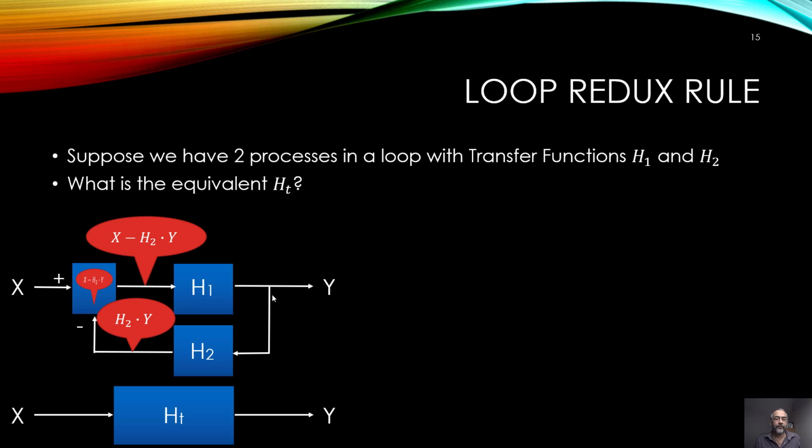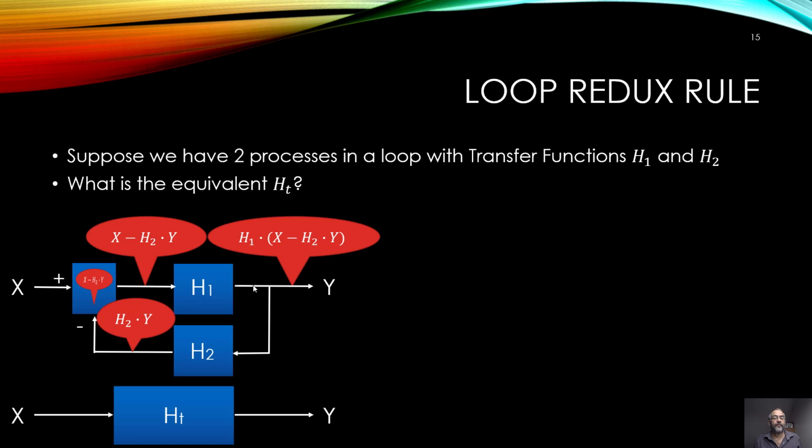So the first step to analyze this system and find the transfer function is recognizing that the input of H2 is Y, so the output is H2 times Y. For this subtractor, the input is X and H2 times Y, so the output is X minus H2 times Y. And then we can calculate Y, because we now know the input of H1: X minus H2 times Y. So the output must be H1 times (X minus H2Y).